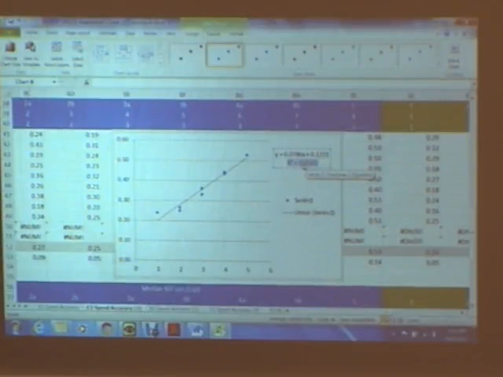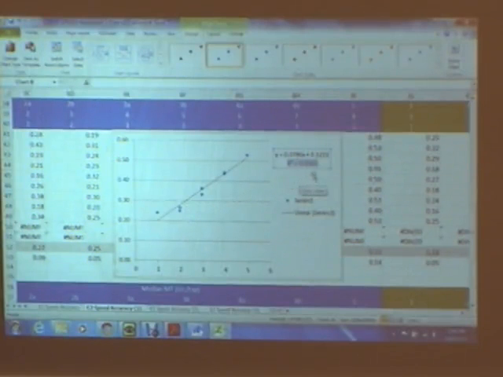If it's close to 1, the closer it is to 1, the better that line fits those data points. There are general rules out there for what makes a good R-squared. Typically, if it's greater than 0.8, it's a very good explanation of the data.